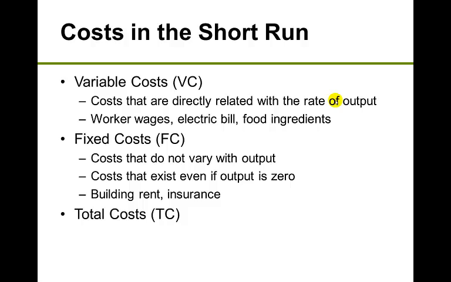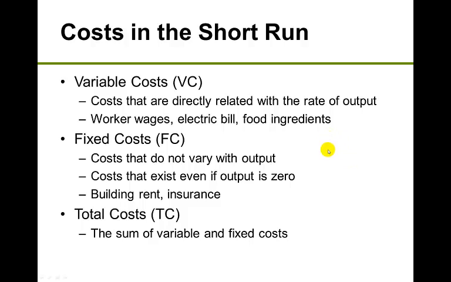These are not costs that firms can change in the short run. So firms are going to incur these costs even if they don't produce anything. So you could think about if you signed a long-term lease for a building, if you signed some long-term contracts where you're going to purchase certain materials no matter what. These are fixed costs. You incur these costs no matter what in the short run. So total costs are just going to be the sum of the variable and the fixed costs.